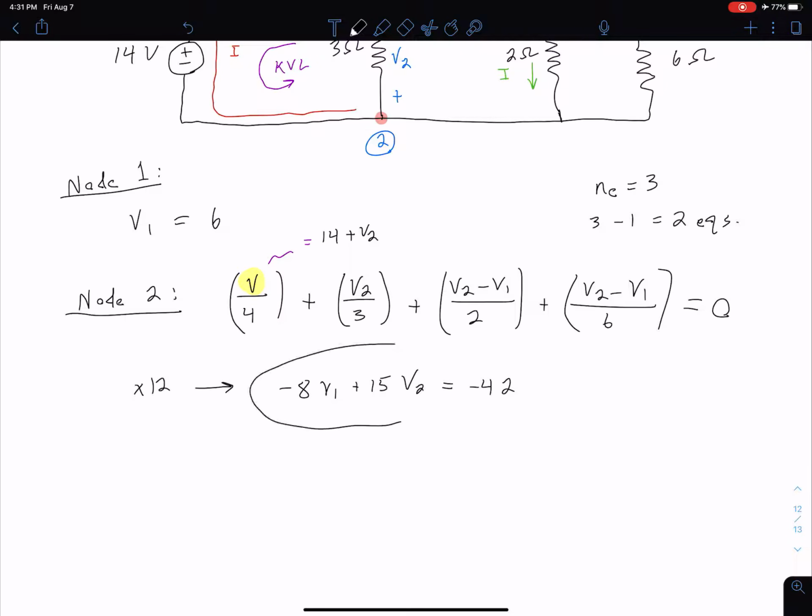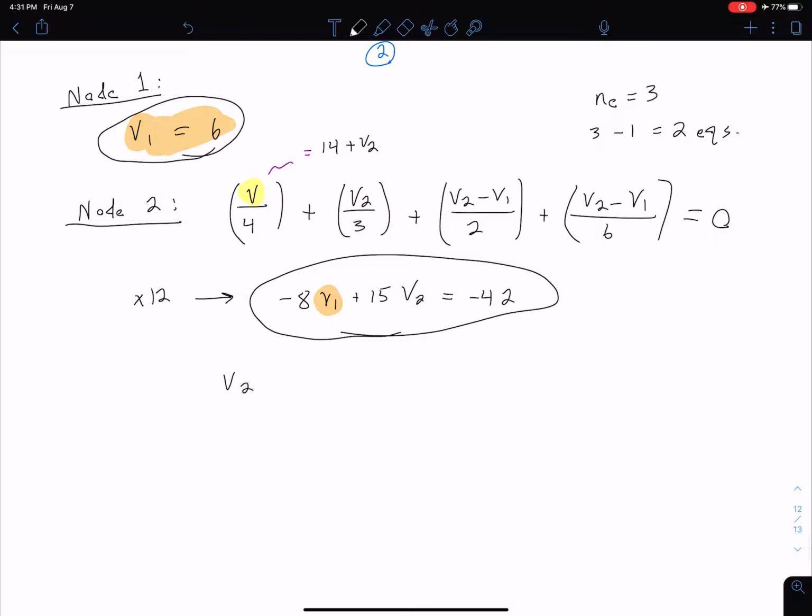In this case we could still use the matrix method, but this is almost too simple to even pass up. We can just take V1 equals 6 and plug it in for V1 in our second equation, solve for V2, and what we'll get is V2 equals 0.4 volts.